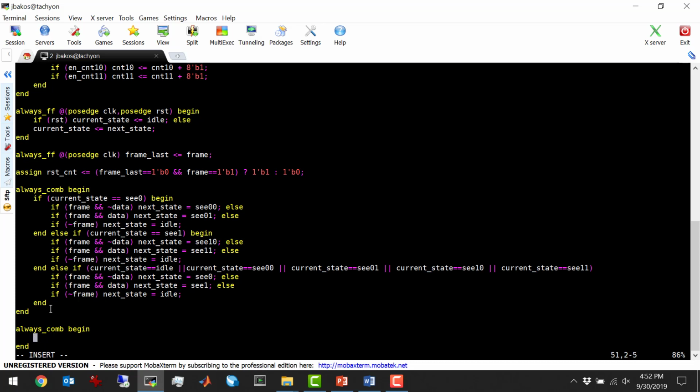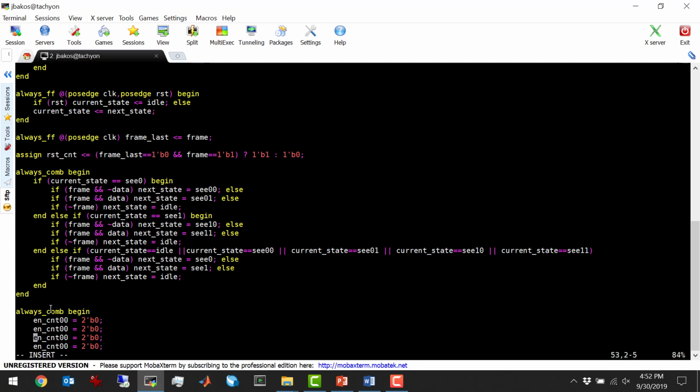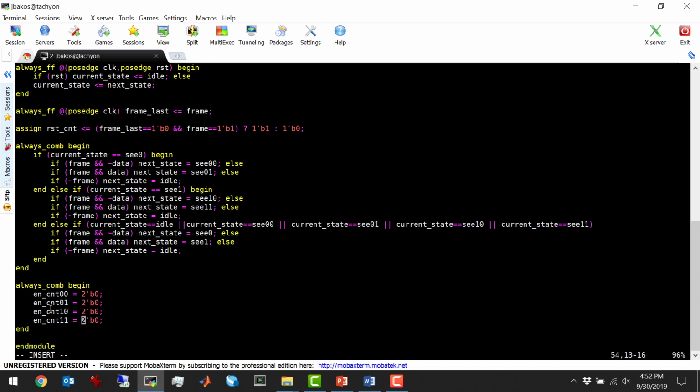I'm going to create some default outputs. By default, I'm not going to increment anything. So enable count 0, 0 is 0, as well as the other 3. So all my enables will be 0 by default.